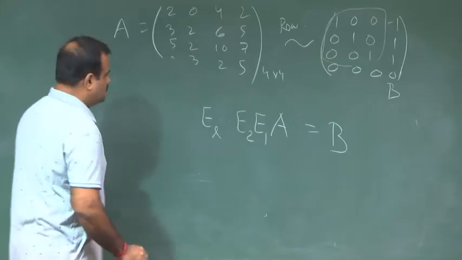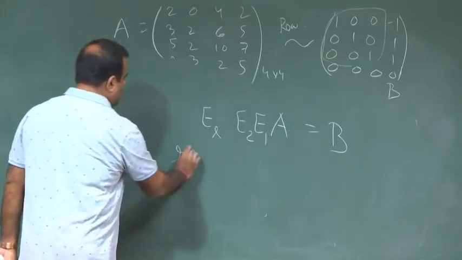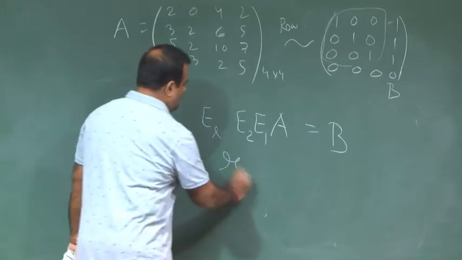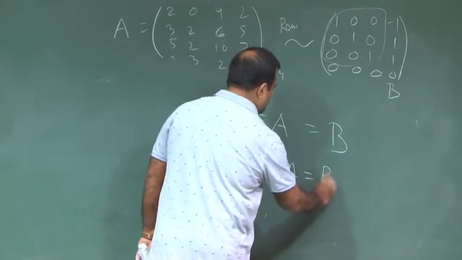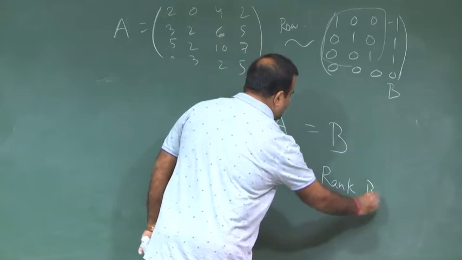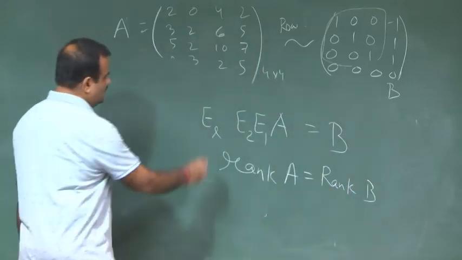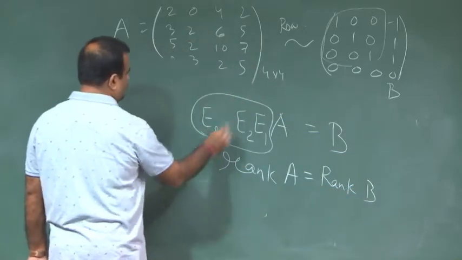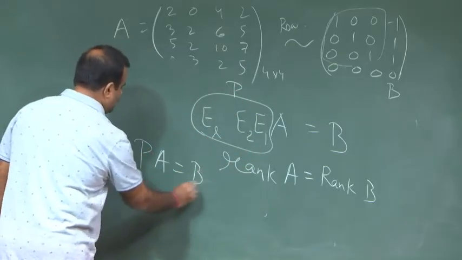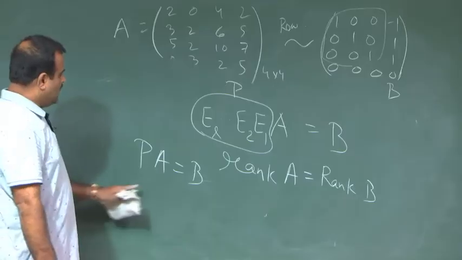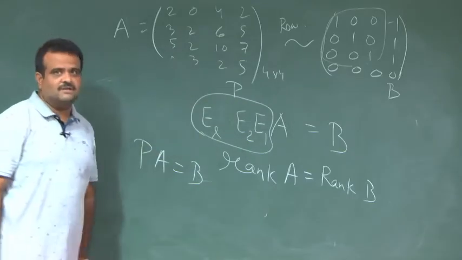That is why the rank of A is the same as the rank of B. We can denote the product by a matrix P. So, PA is equal to B, where P is a non-singular matrix, and this is called the row reduced echelon form.